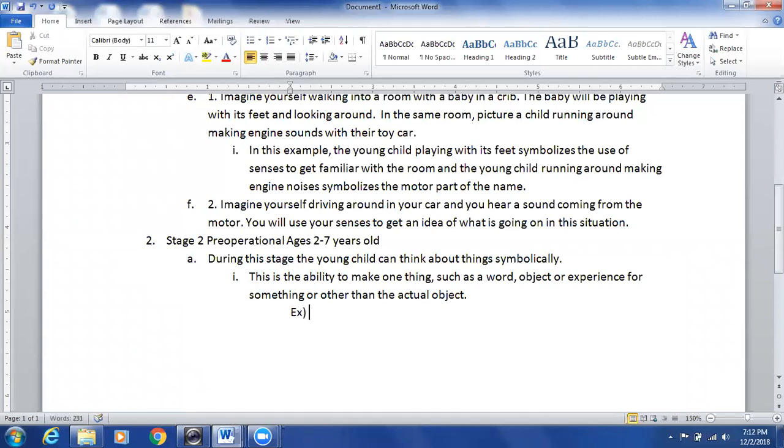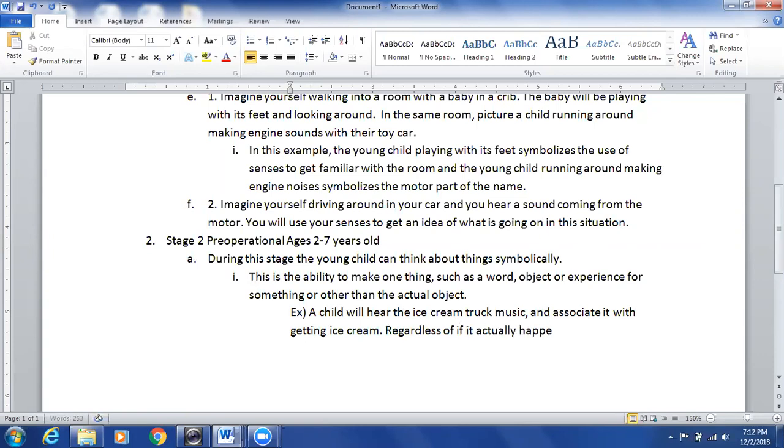An example here: a child will hear the ice cream truck music and associate it with getting ice cream, regardless of if it actually happens. So the sound in and of itself does not mean ice cream, but the child begins to think that it symbolizes it.